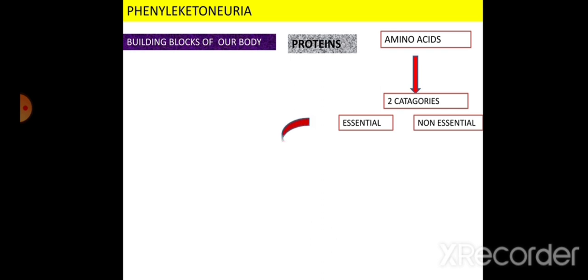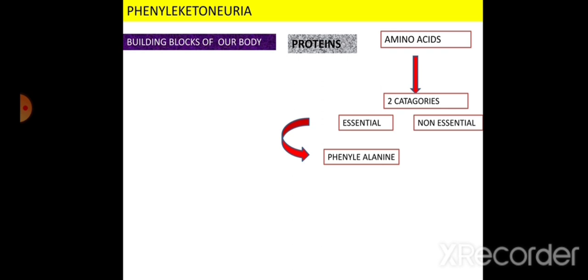Phenylketonuria is related to an essential amino acid called phenylalanine. Whenever we supplement any essential amino acid to our body, it will be converted into a non-essential amino acid, and only then can the body absorb it.